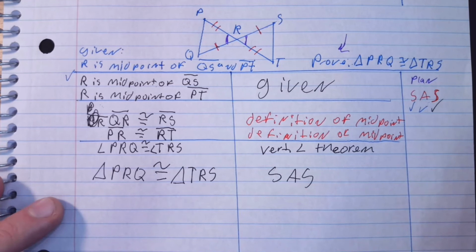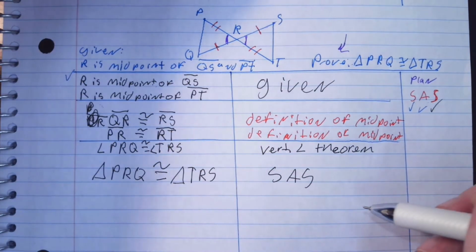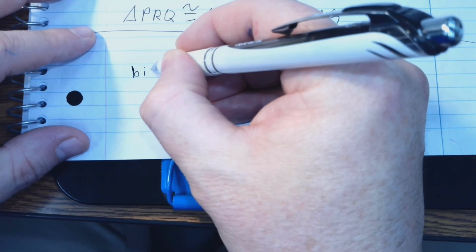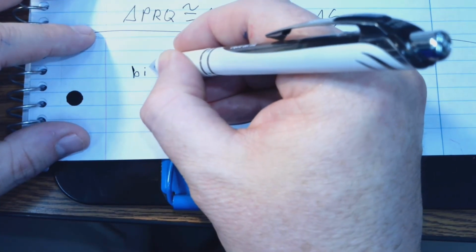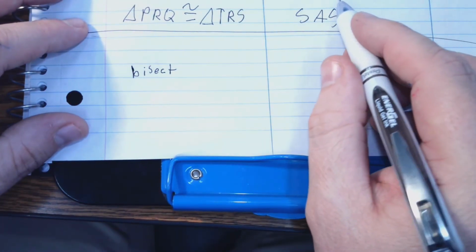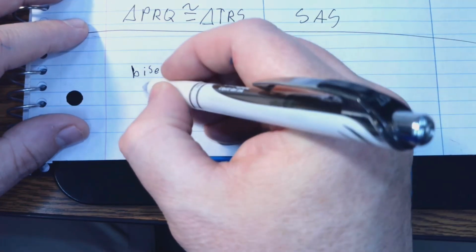There's words that we're going to use a lot. We just used midpoint. This is not part of this proof. So what does bisect mean? Anybody remember what bisect means? Doesn't that cut in half?